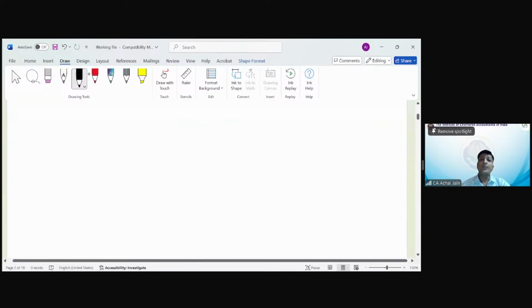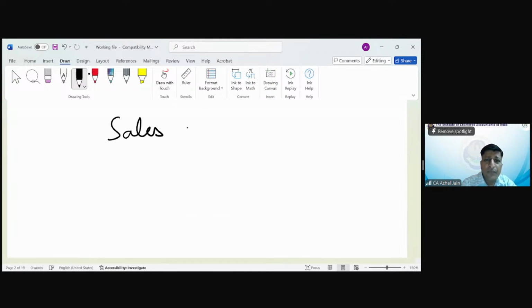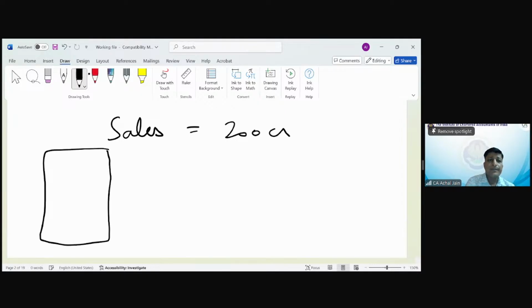Let's suppose there's a company. It has sales of, say, 200 crores. One way is you just ask the client. He says that during the year my sale was 200 crore. So you'll pick up the sales ledger or the sales register, which has all the sales transactions.